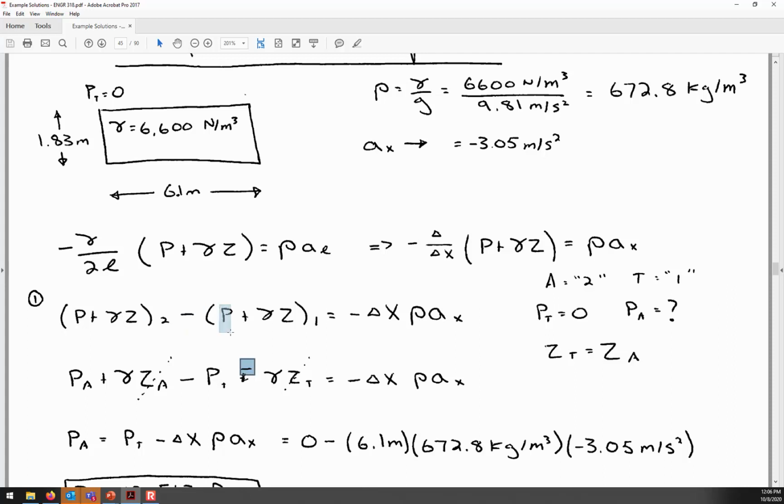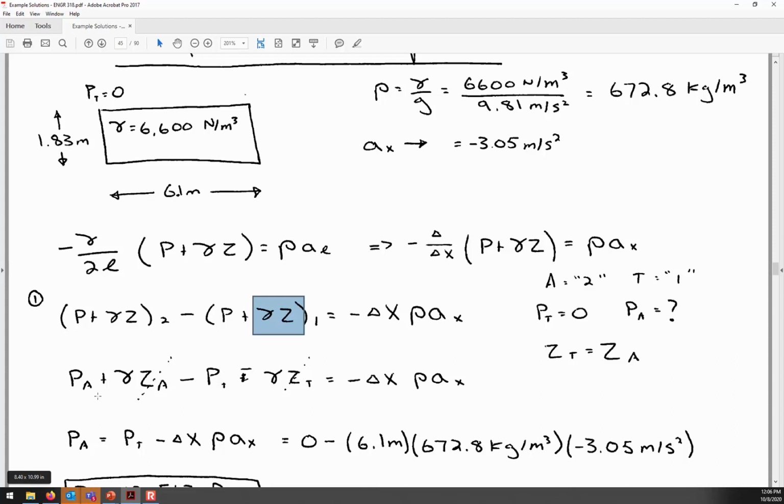So it's the pressure at T minus gamma ZT, although the Z term cancels out anyway. But over here on the right hand side of the equation, it's minus delta x times the density times the acceleration in x.